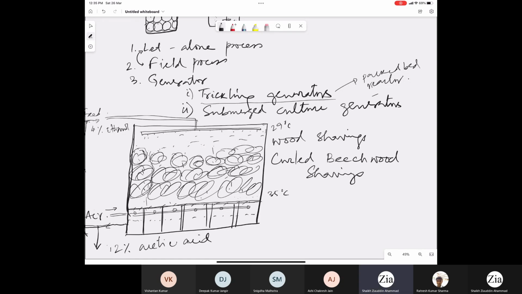And whenever you have significant reduction of volume due to the poor mechanical strength of wood shavings, and they start collapsing down, then you just replenish the wood bed with fresh wood shavings, and at least you try to maintain 0.2% unconverted or residual ethanol.